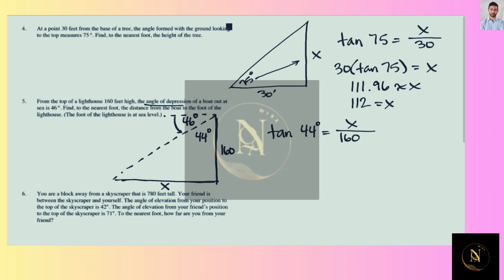Again, multiplying each side by 160 and plugging in 160 times the tangent of 44, we get 154.51. And again, we're finding the distance in feet, so I would say this is about 155 feet away from the lighthouse.